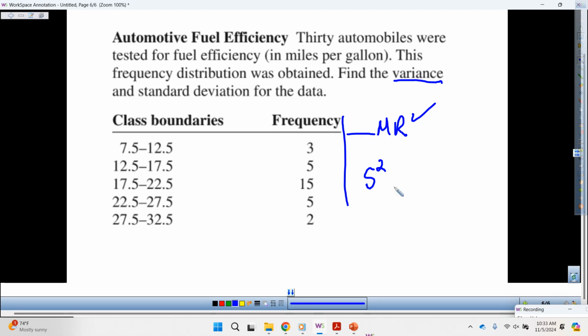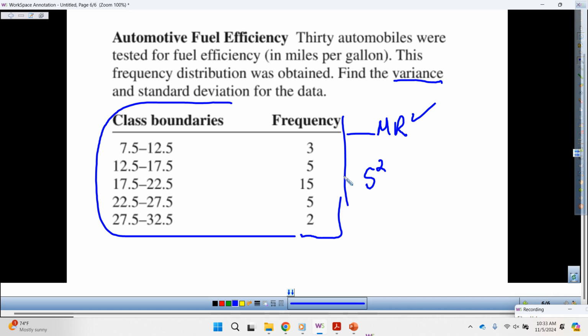Yes? However, we still need a couple more words. Shortcut, sample, variance. For what? What is this called? Tell your neighbor, what is this called? Grouped data. Right? Sample, shortcut, group data, formula for the variance.